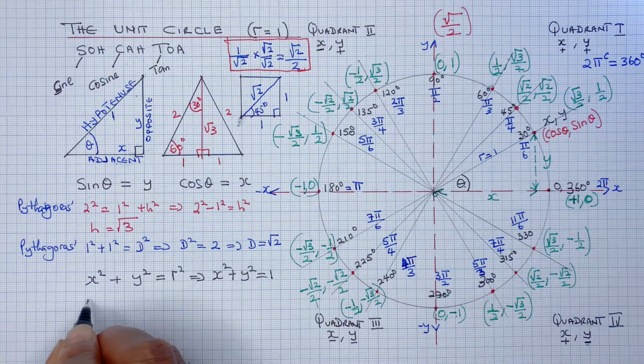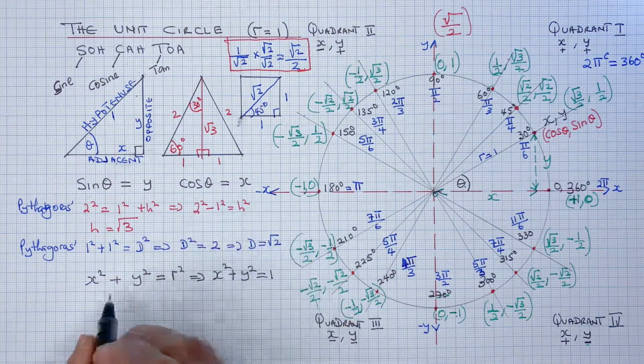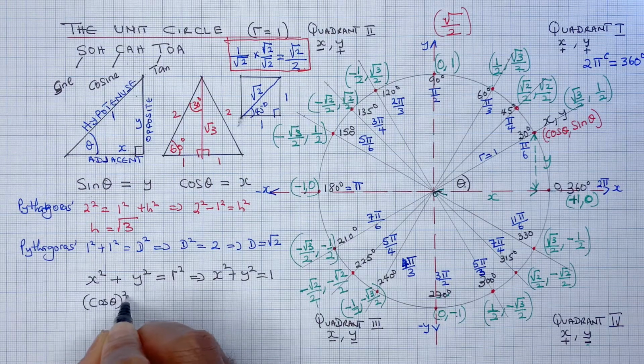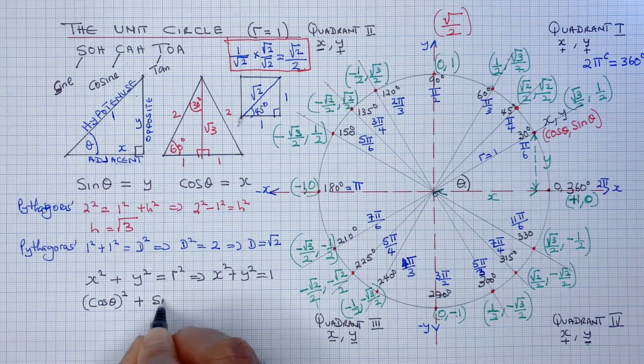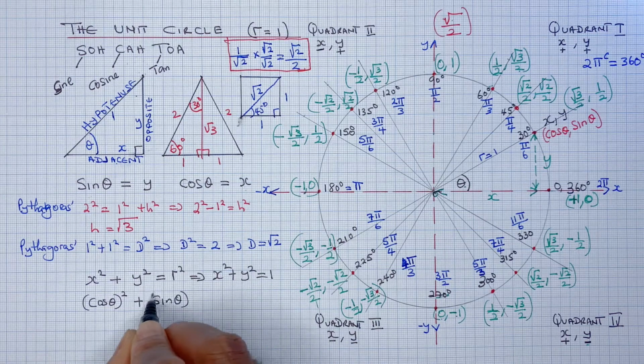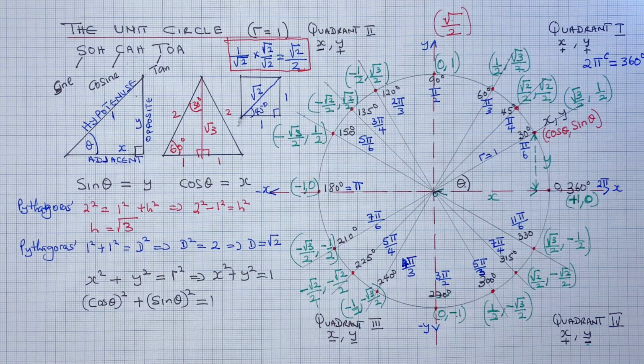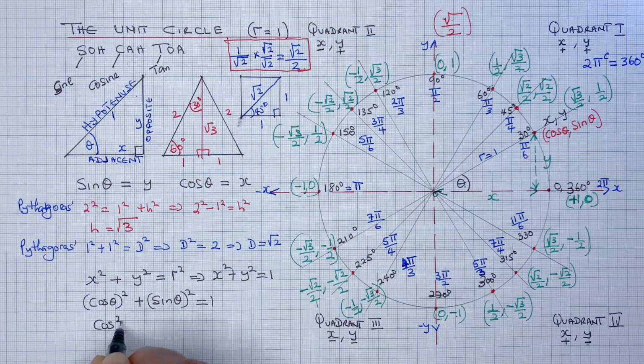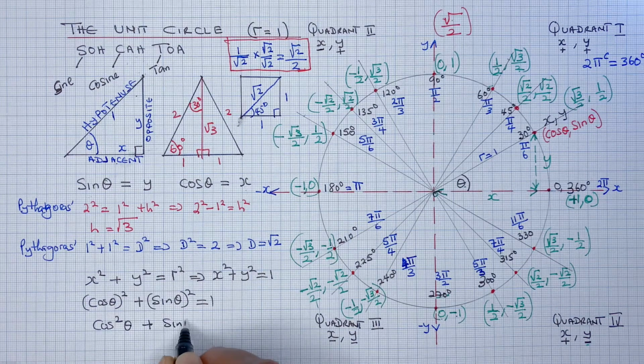So if I replace x with cos theta and y with sine theta, I get cos theta squared plus sine theta squared equals 1. But we don't write it as cos theta squared, it's exactly the same thing. We just write it as cos squared theta plus sine squared theta equals 1.